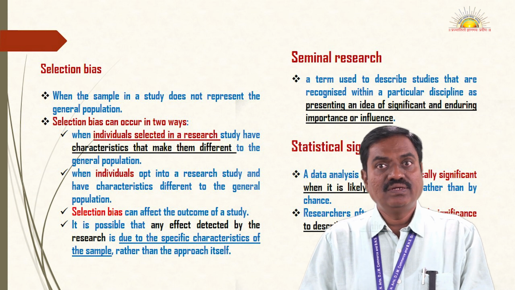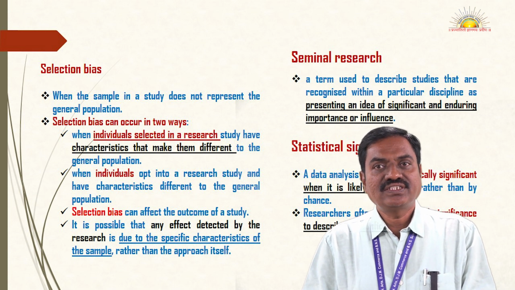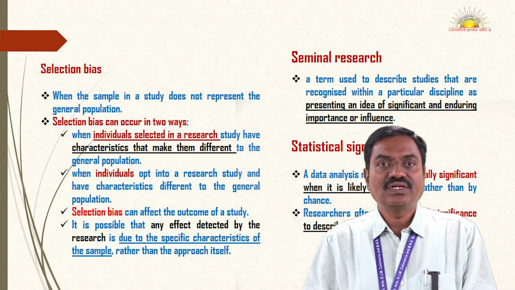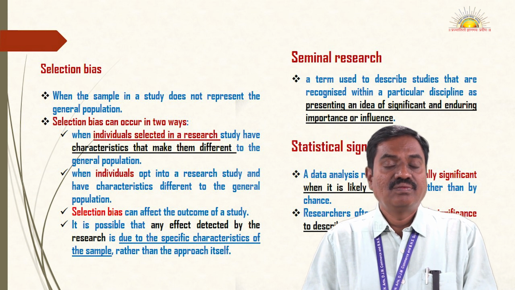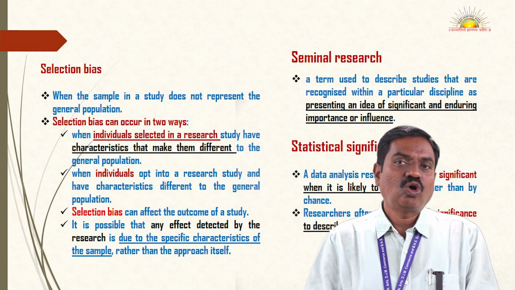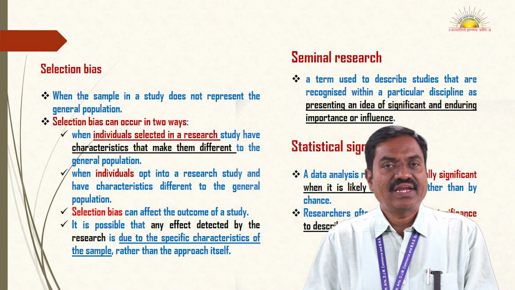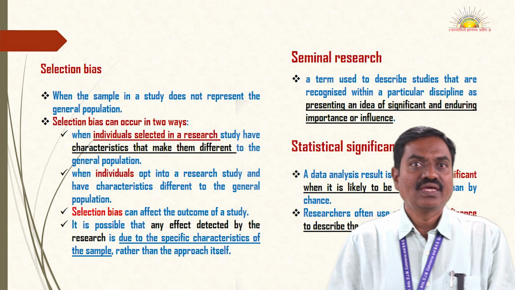Firstly, when individuals selected in a research study have characteristics that make them different to the general population. And secondly, when individuals opt into a research study and have characteristics different to the general population.